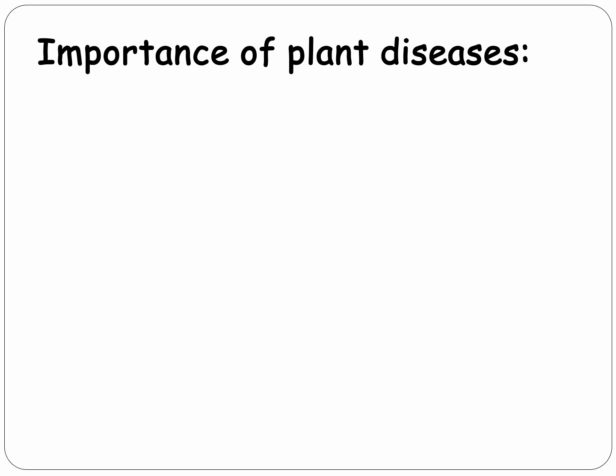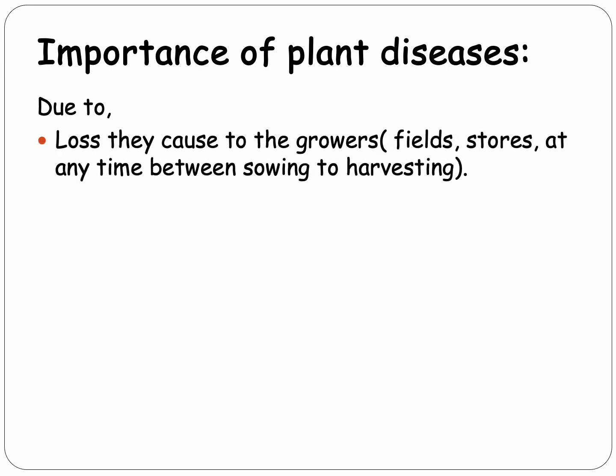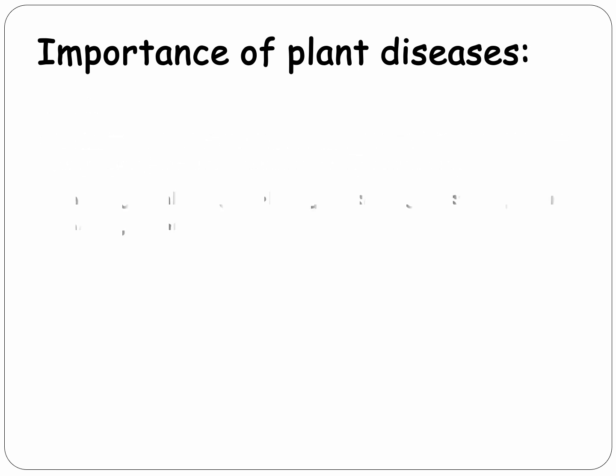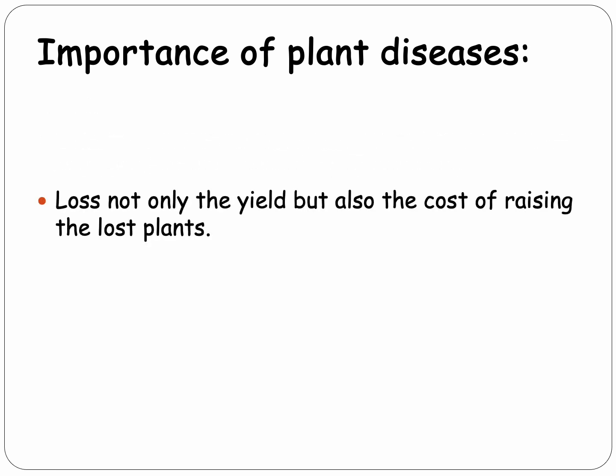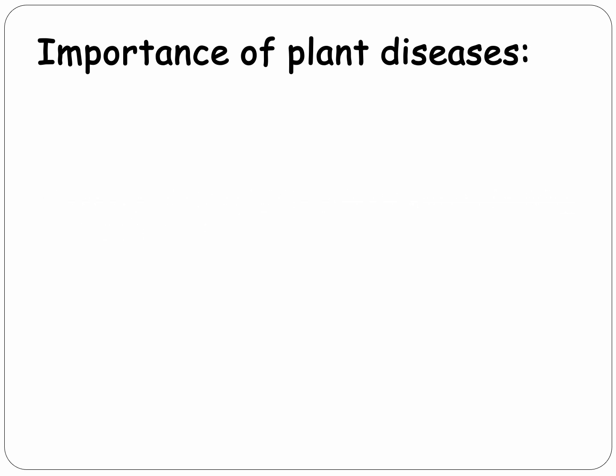The importance of plant diseases is due to the loss they cause to the growers, in the field, in stores, or at any time between sowing and harvesting, and the loss is not only of yield but also of the cost of raising a particular host plant.